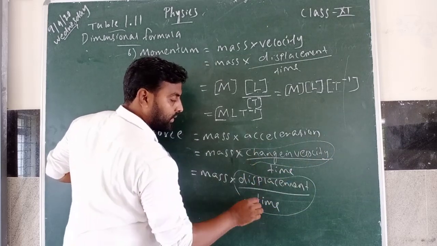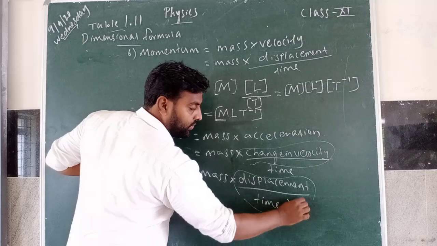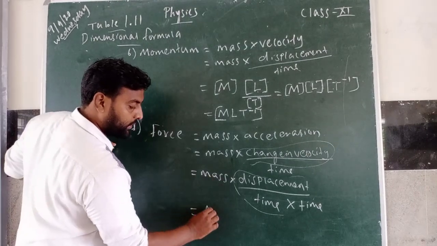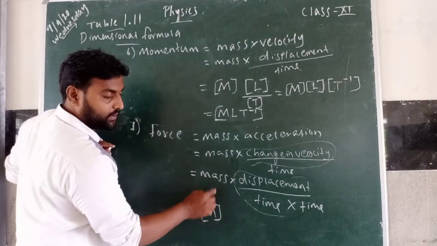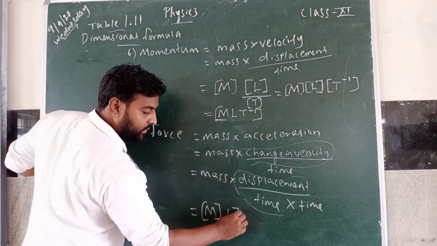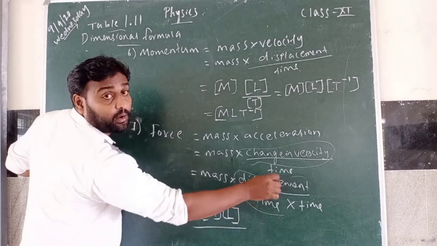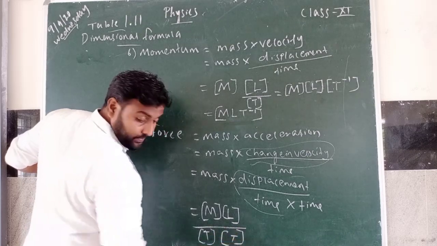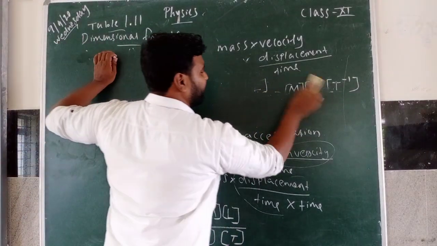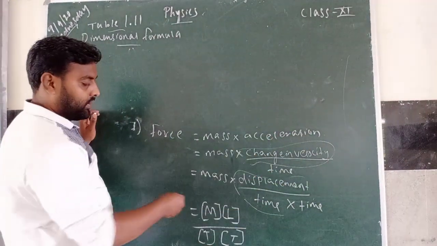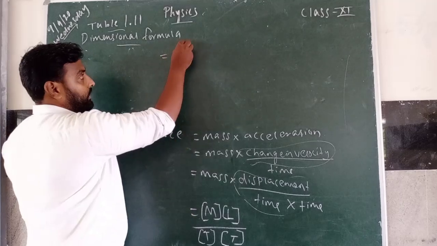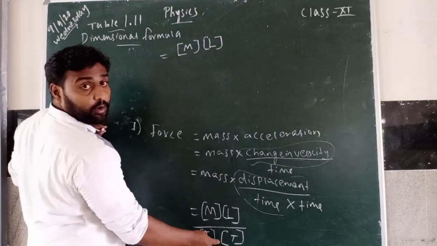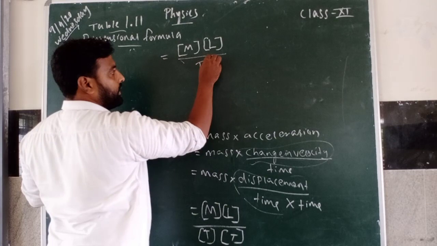Okay. Then this time into now mass M. For mass M, displacement of L divided by T into T. So T. Now you see M L, T into T, T square, so divided by T square.